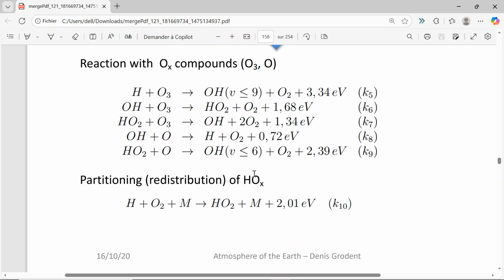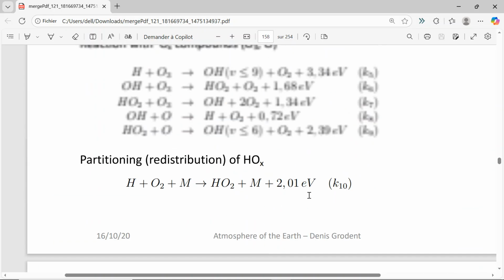We got a partitioning of HOx, so we got H that will be partitioned into HO2, liberating some energy in electron volts. It means that this leads to ionosphere construction.